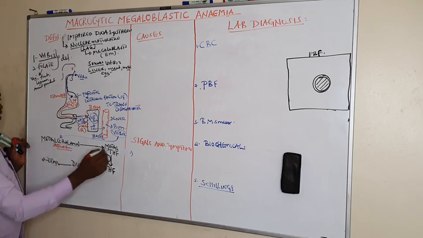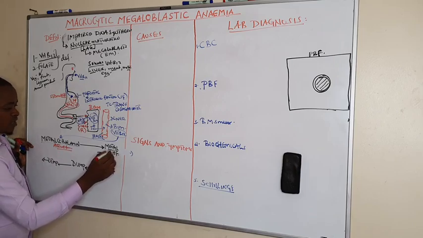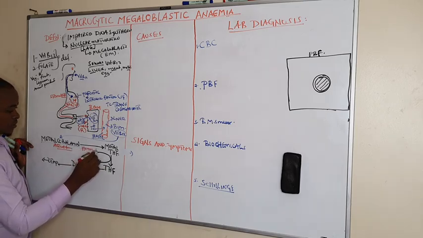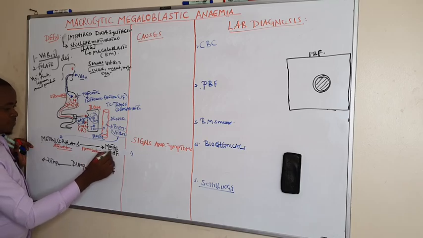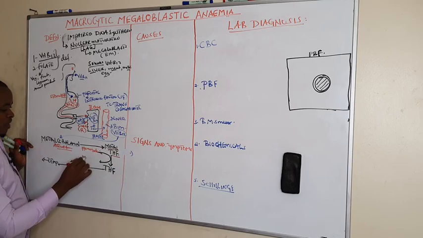So this methylcobalamin, which is the active form of vitamin B12, is converted to methyl tetrahydrofolate, and this methyl tetrahydrofolate will remove a methyl group, whereby when we have homocysteine, we are going to add this methyl group on tetrahydrofolate to form methionine.